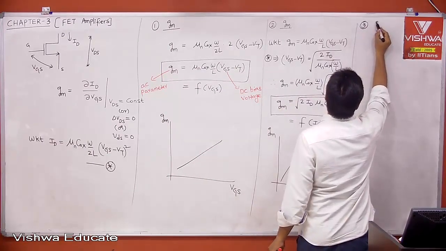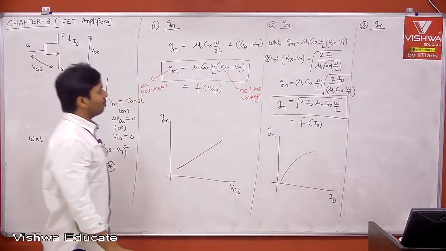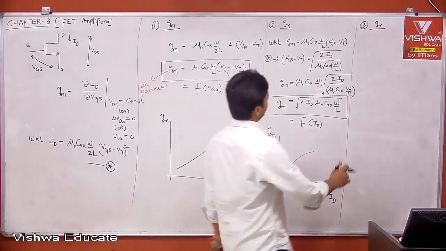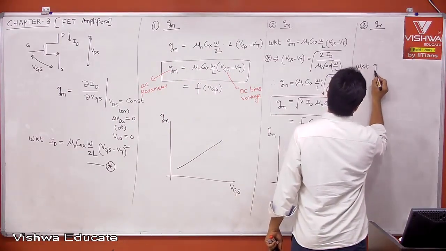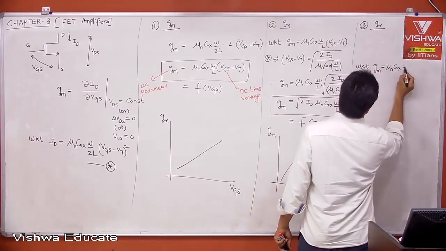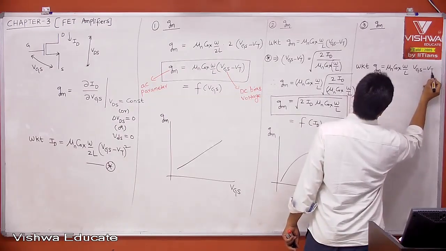Third one, GM. I want to write in terms of both VGS and ID. Can I write? Let's see. We know that GM is equal to mu n Cox W by L into VGS minus VT.